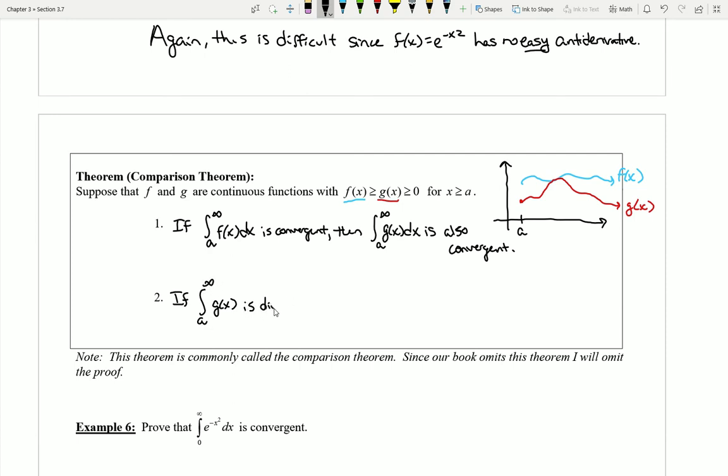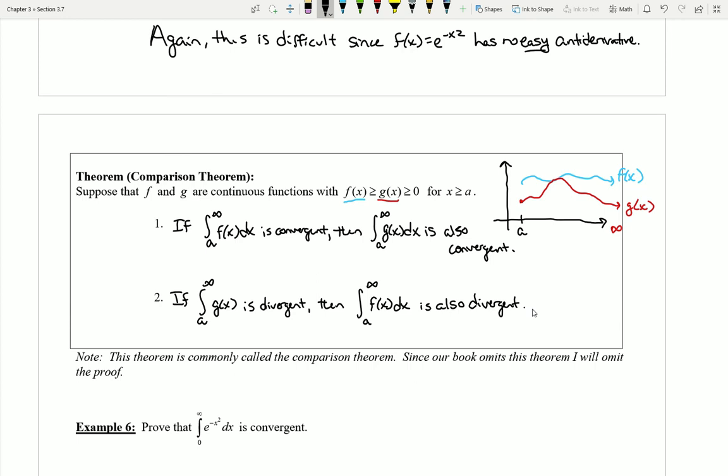And let's suppose that I found that it was divergent, meaning that there's an infinite amount of area underneath the red curve. Well, again, since I would expect the area under the blue curve to be more, then I certainly can't have a finite amount of area up above. So I could definitely then conclude that the integral from a to infinity of the blue function, f of x, is also divergent.